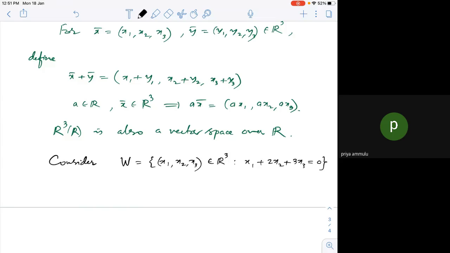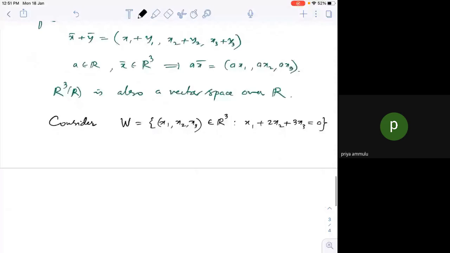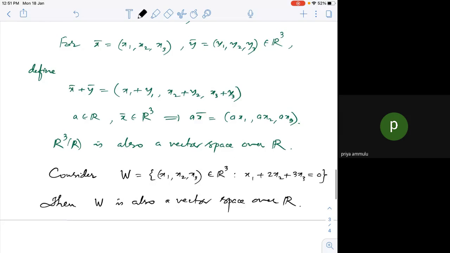If I collect all such points of R cube into W, then this W is also a vector space over this particular R. You can check this. This is going to enjoy all the properties that are enjoyed by the original parent space, this R cube over R.